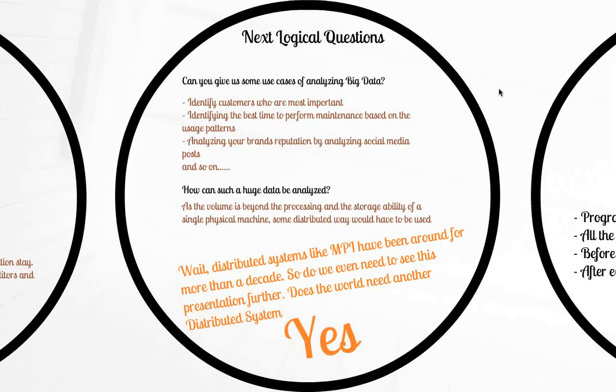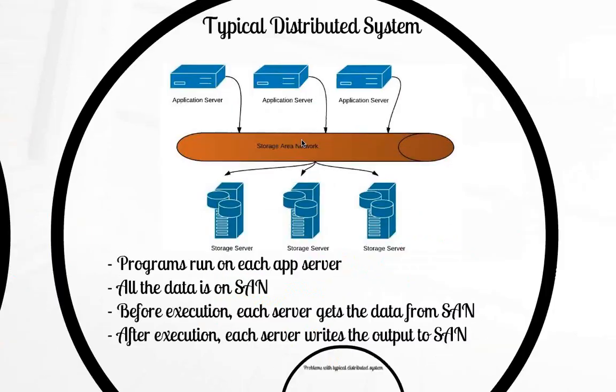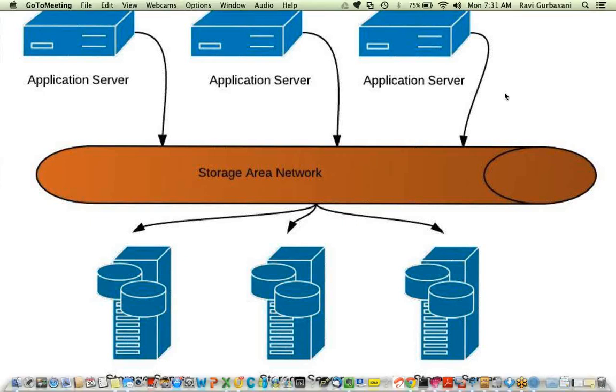If you look at a typical distributed system, all the data is stored on a storage area network, and you will deploy app servers which will process the data for you. Look at it this way.